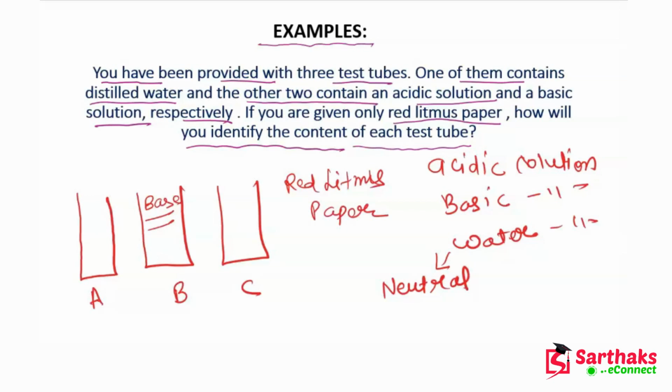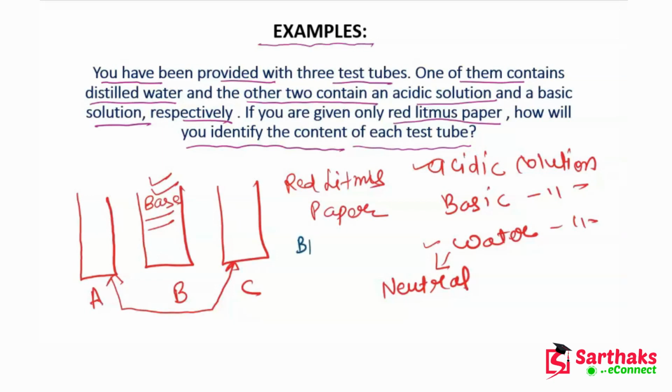Now this is done and these 2 test tubes are still remaining. We have to find out in which one the acidic solution is present and in which one water is present. After dipping the red litmus paper in the basic solution, it becomes blue.